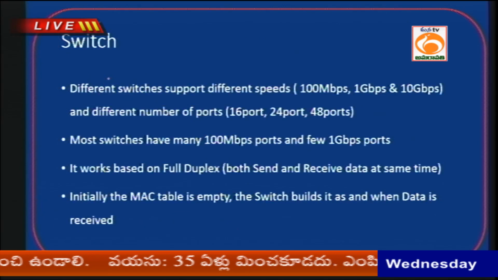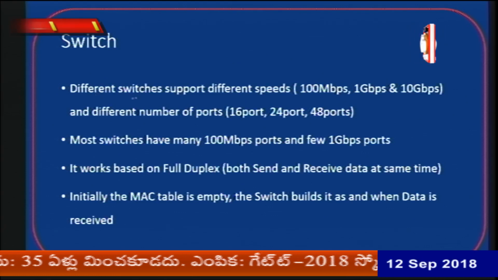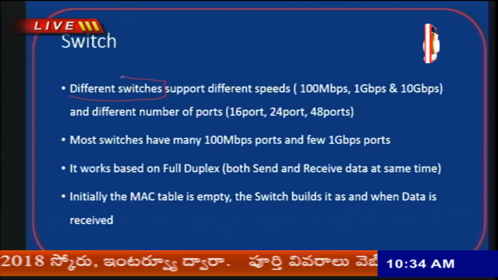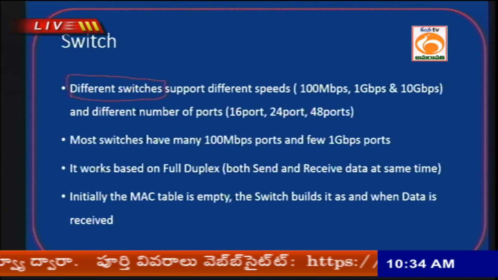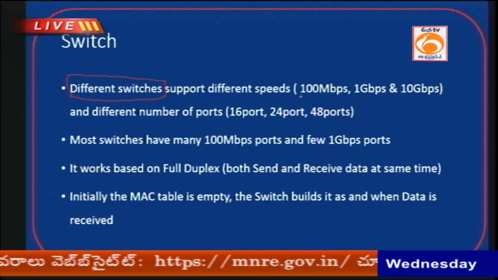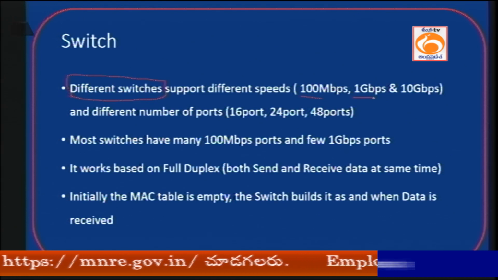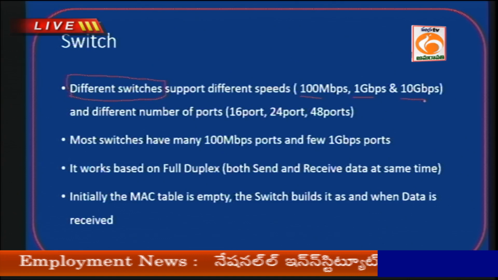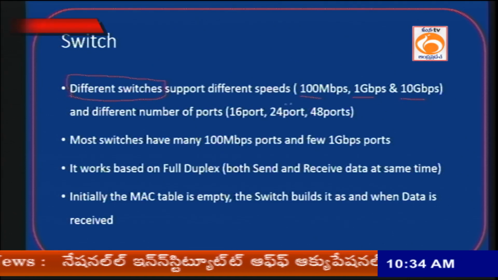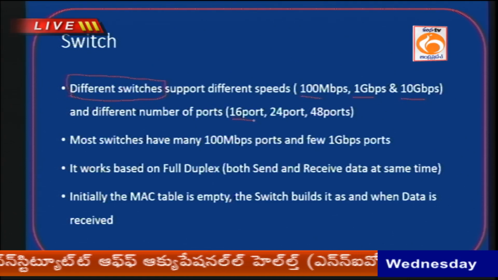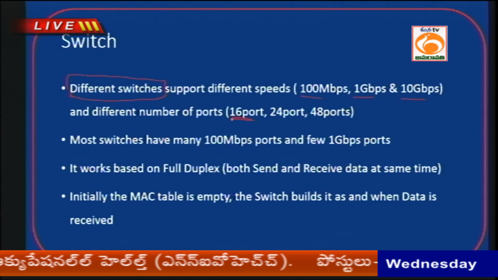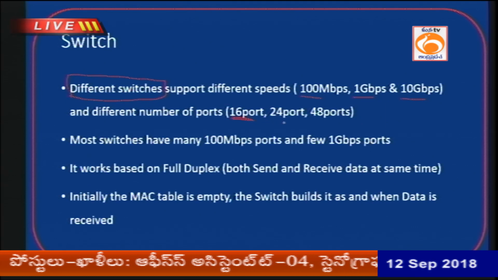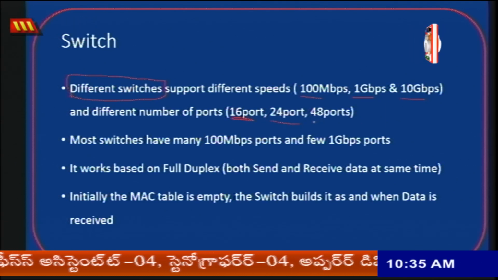So, there are different switches providing different speeds or bandwidth. There are switches which have 100 Mbps ports, there are switches which have gigabit ports, there are switches which have 10 gigabit ports, and they come in different configurations. There are some smaller switches which have 8 ports also, 16 Ethernet ports on one switch, or 24 ports or 48 ports.